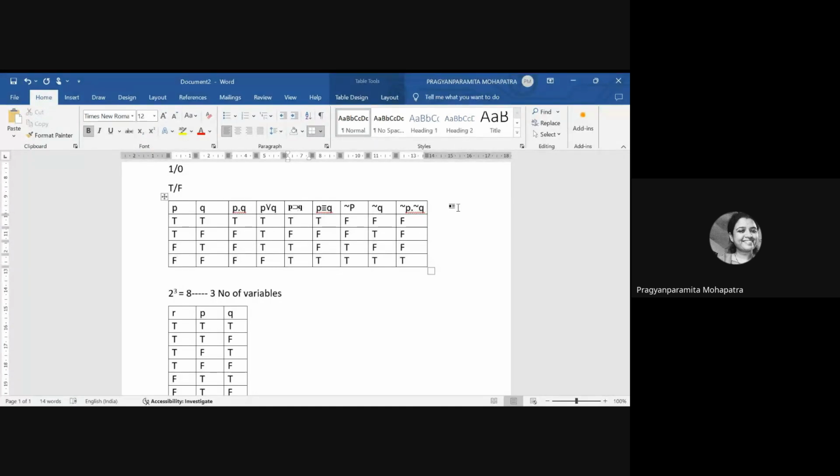If not, then it is fine. This is the name of the author. This is a very small book that UG students follow. The title of the book is Symbolic Logic.